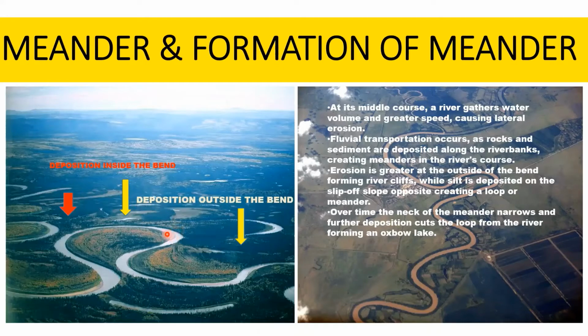The current is slower on the inside of the bend because the river channel is shallow. That is, there is more friction to slow the water down, so it has less energy. So the eroded material is deposited on the inside of the bend, forming slip-off slopes.